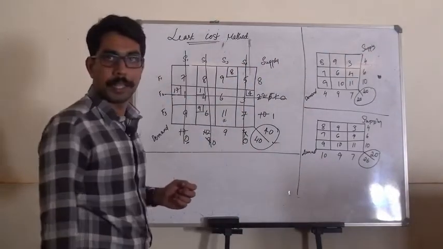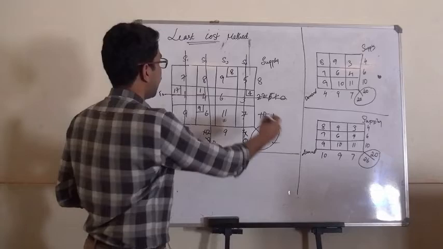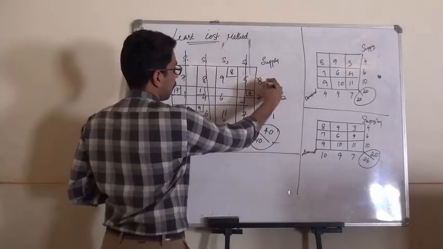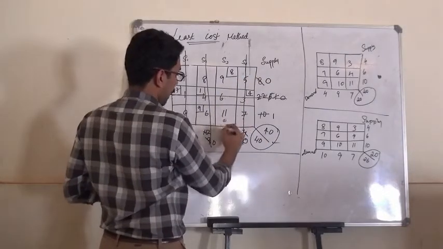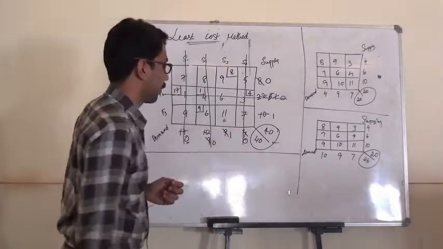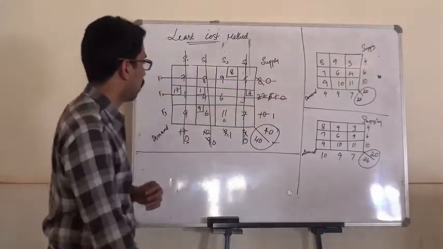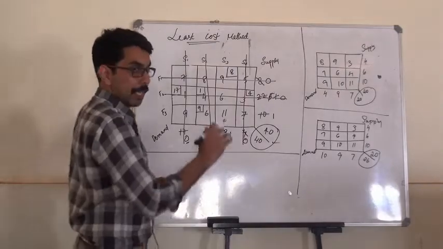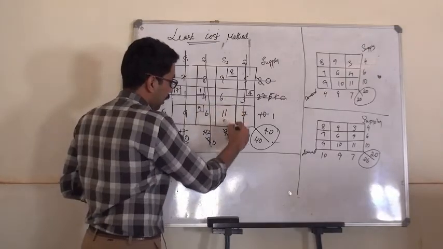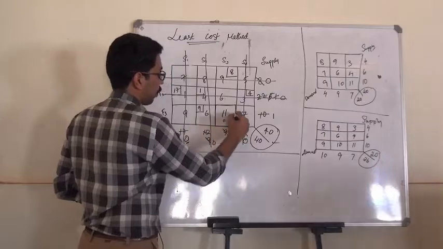So we take the least value and subtract. When we subtract, we will get 0 here, and we will get 1 here, and we can completely strike off this row.